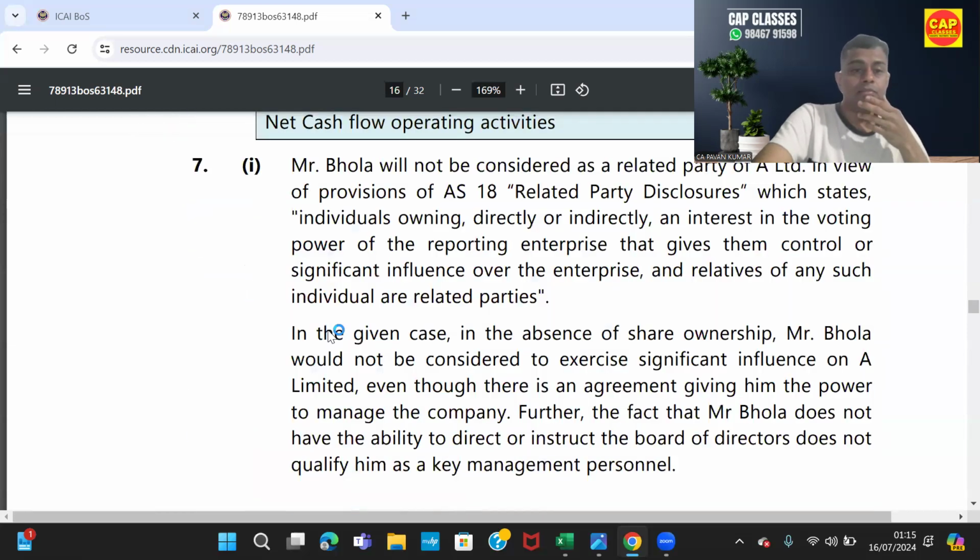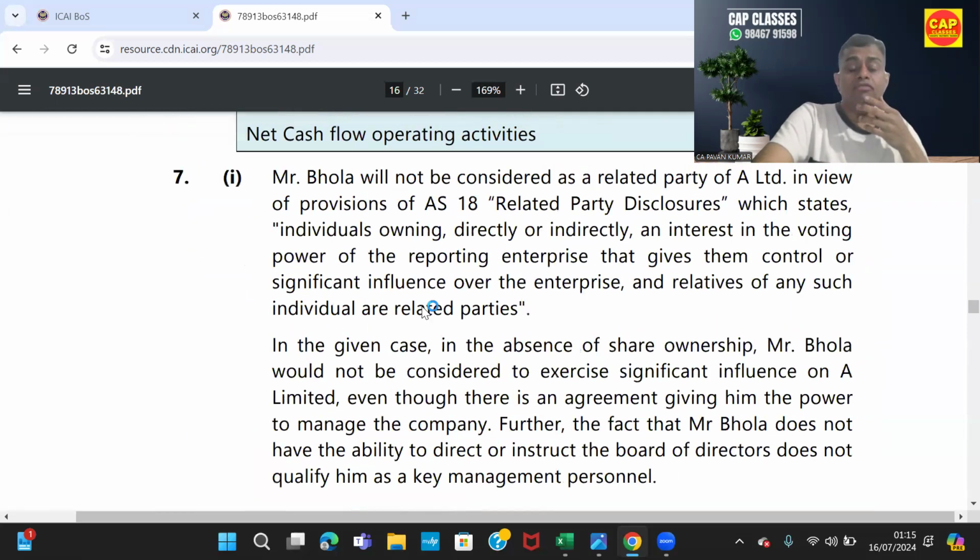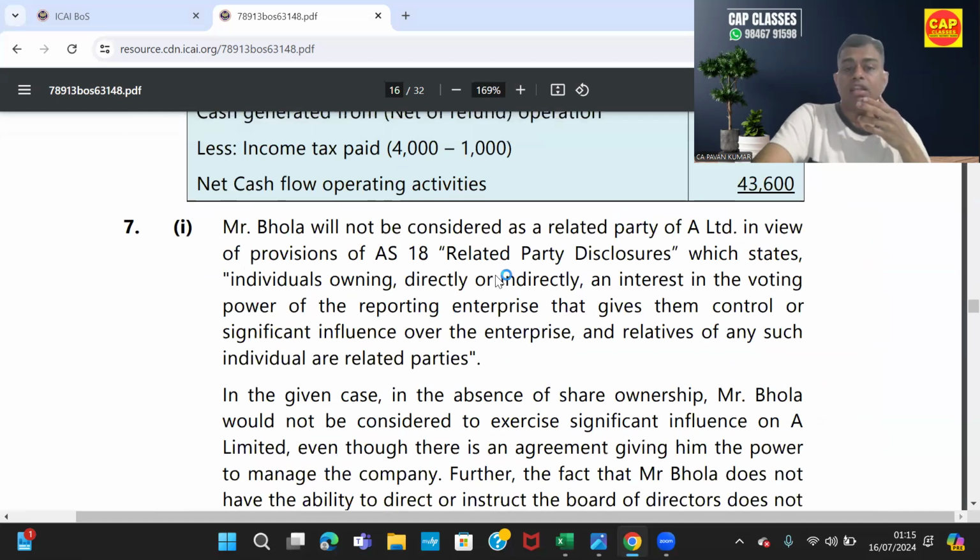So this is 7. Mr. Bola will not be considered as a related party in view of provisions of Accounting Standard 18, which states individuals owning directly or indirectly shares, an interest in voting power of the company. You should have voting power of the company that gives you control, more than 50%, or significant influence, more than 20%.